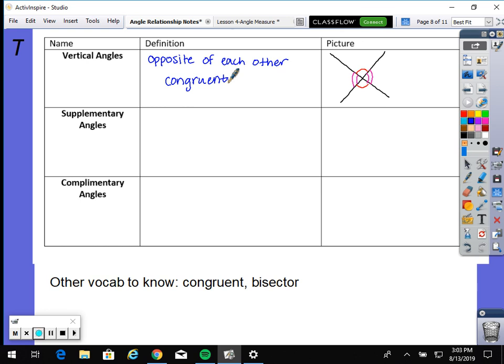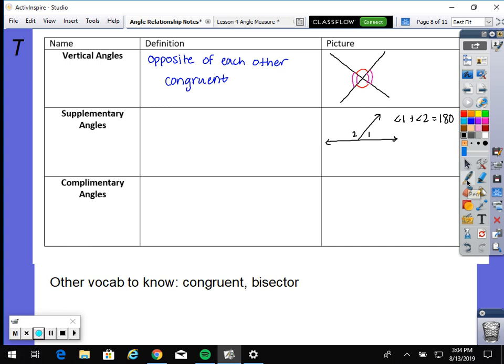The next one we have is supplementary. So that's kind of like the picture that we just saw, supplementary. So it could look something like this, where they are adjacent and they're making that straight line, because remember, supplementary is going to equal 180. So if this was angle 1 and this was angle 2, I could say angle 1 plus angle 2 is equal to 180 degrees.